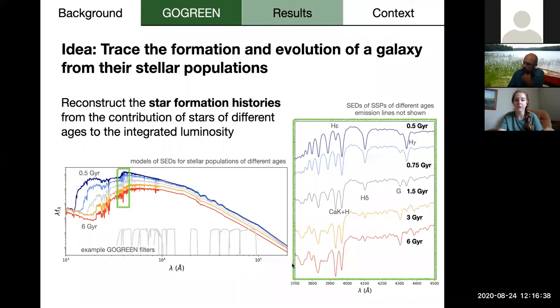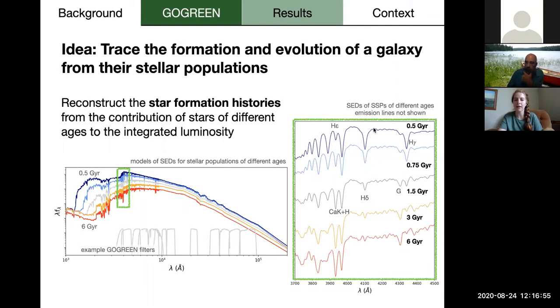So the green region just highlights the optical region, where you can see that the absorption features change from being dominated by Balmer lines when the stellar population is quite young to more evolved features later.